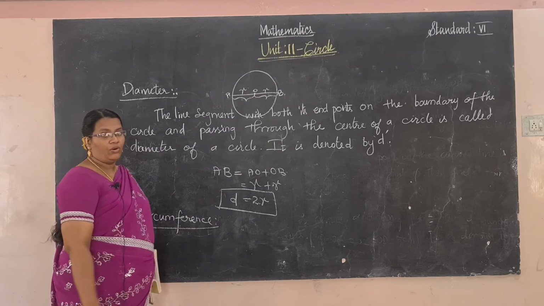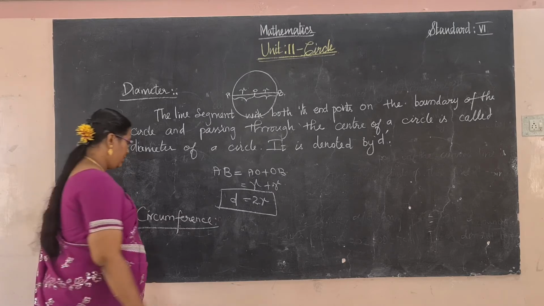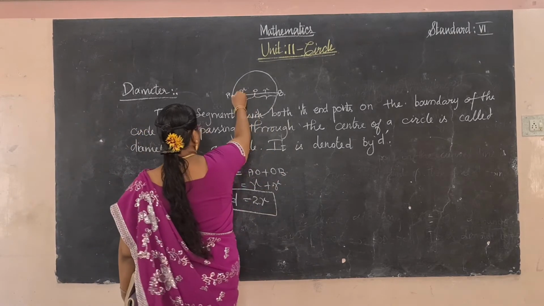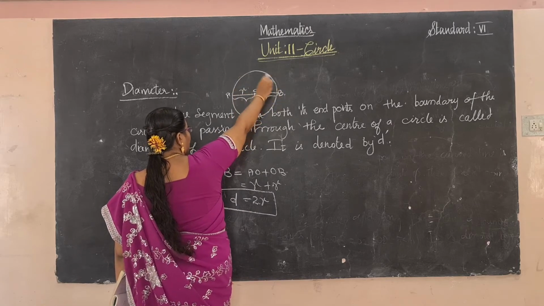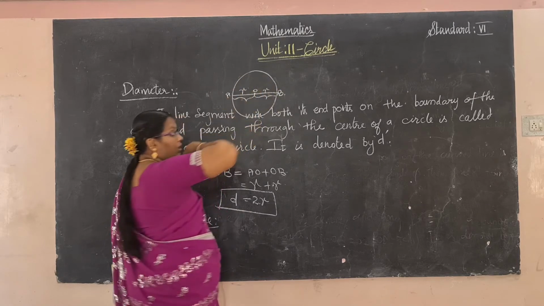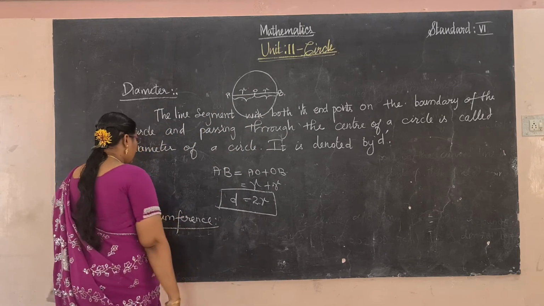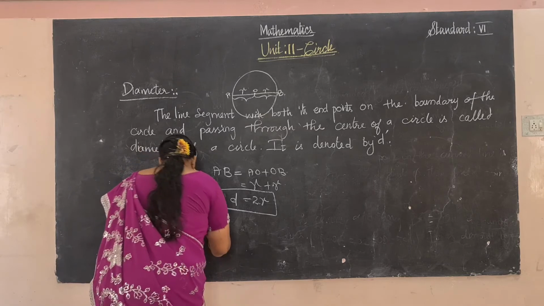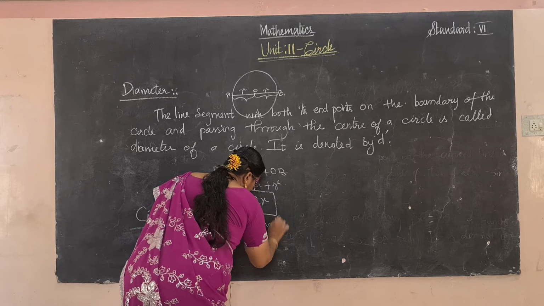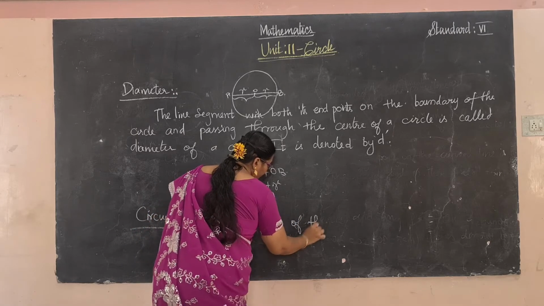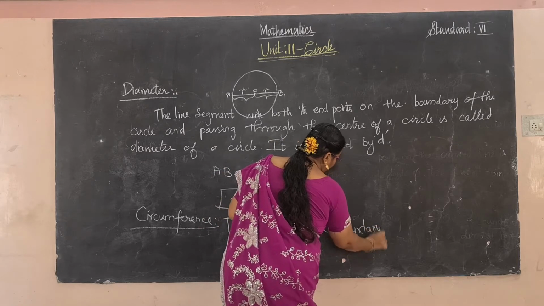Circumference means the perimeter of the circle, the boundary of the circle, the length of the boundary.